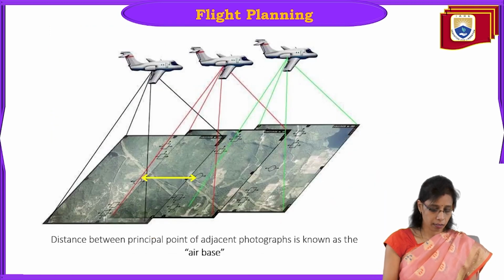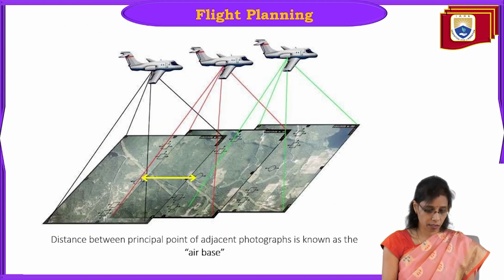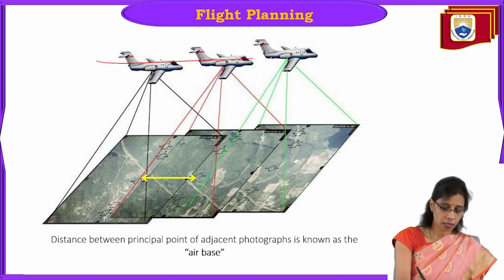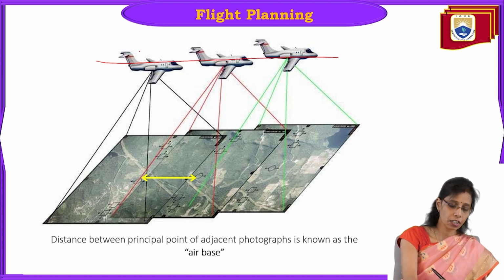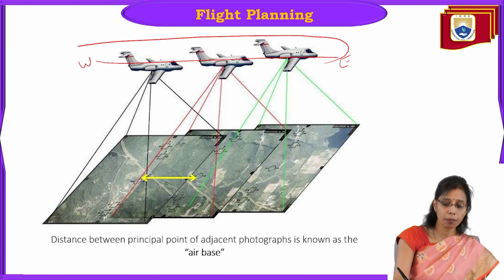Okay, this is how the actual photo looks like. Here we have seen the image. Now the actual photo looks like this. So this is the flight line direction. Let us say this is the flight line direction, going from west to east. Now again, when it completes it, it will go back in the other direction, that will be east to west.